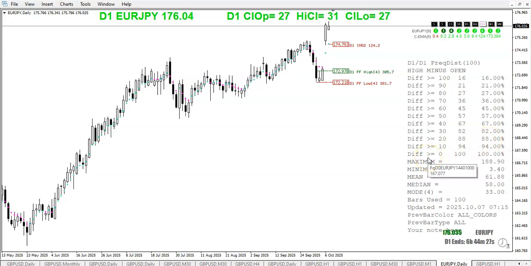So what does this tell you? This tells you, chances are, if it hits 10 pips, and I like to have the buy zone set between 8 and 10 pips, it does that 94% of the time. Then from there, it'll do 20 or more 88% of the time.